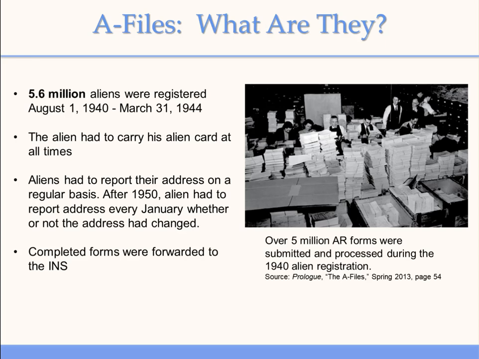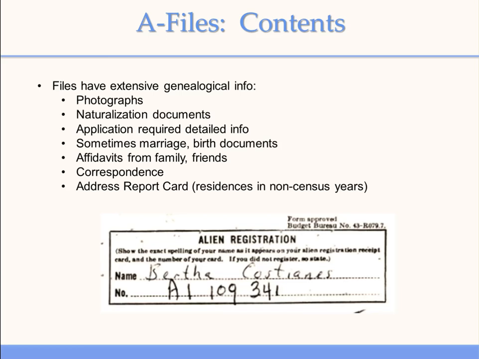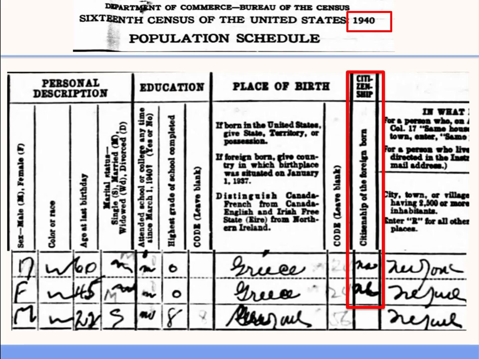They would go to the post office, fill out a card, and that was sent to the INS. These files are genealogical gems for us. They have photographs, they have naturalization documents. The applications required all kinds of information for the immigrant to fill out. I found marriage documents, birth documents, other affidavits in these files. So let's take a look.